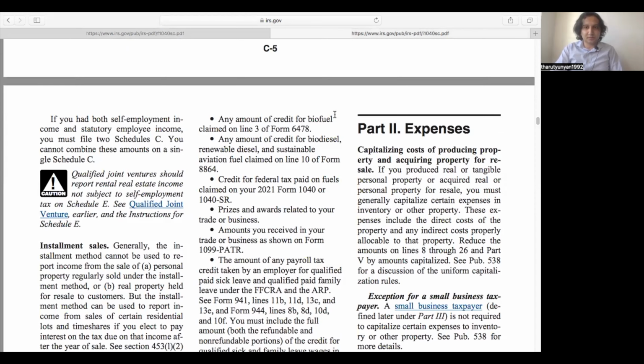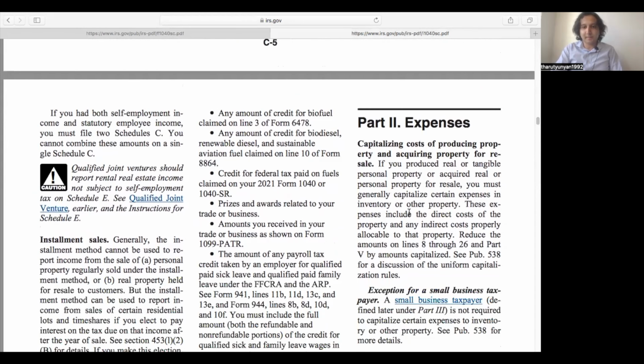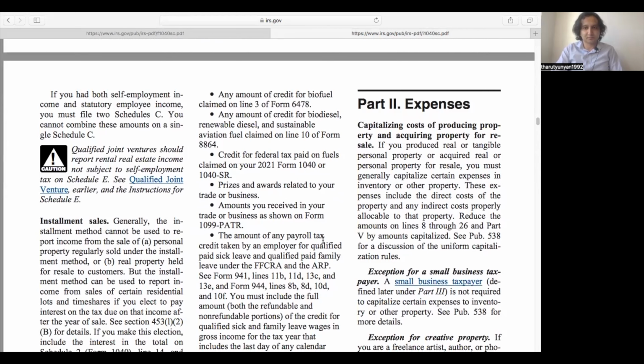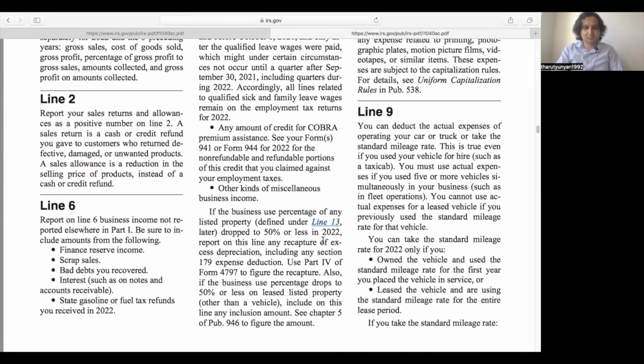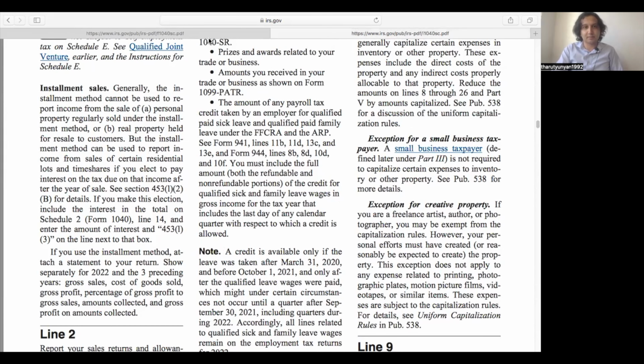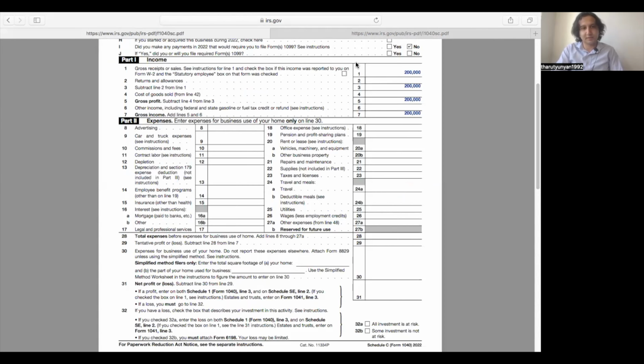So go to part 2, expenses. It starts from line 2 apparently, but again, line 1 is very self-intuitive, but still.